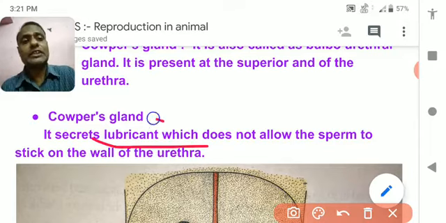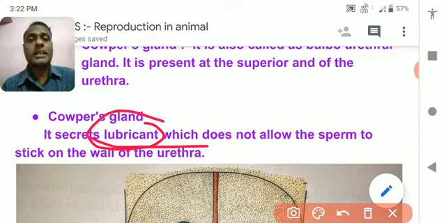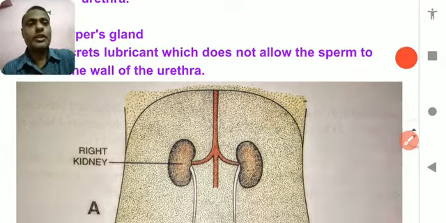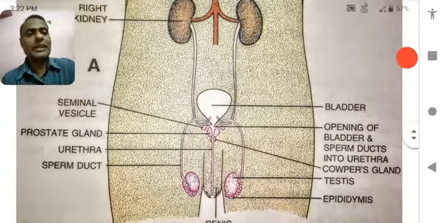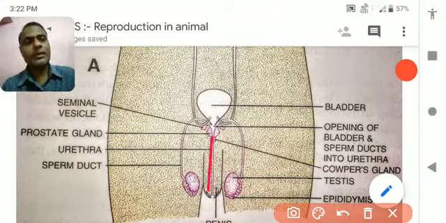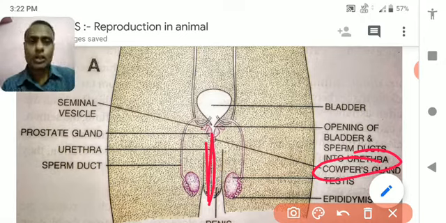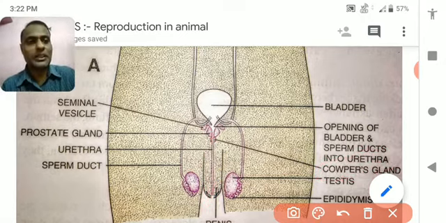Lubricant does not allow the sperm to stick inside the duct of the penis. Otherwise it will stop urination. So urine cannot get stopped. The lubricant secreted by Cowper's gland lets urine pass easily, and also the sperm. Hope you understood the thing.